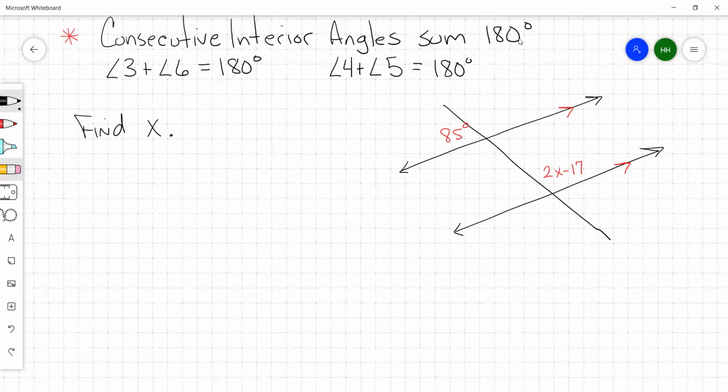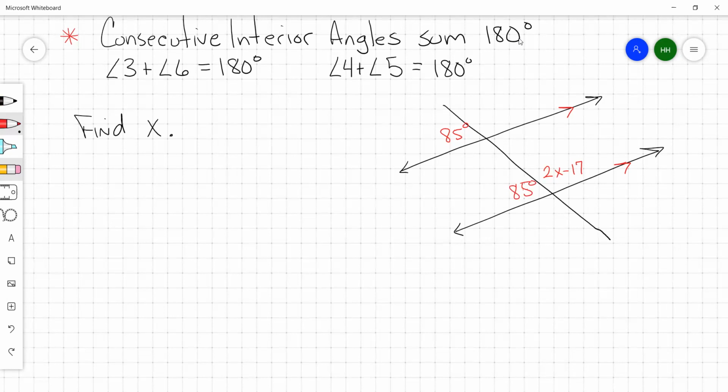All right, so here's what you've got to know here. There's a couple of different ways to solve this problem. The first way, if this angle right here is 85 degrees, then this angle right here, these two are corresponding, right? This angle would be 85 degrees.